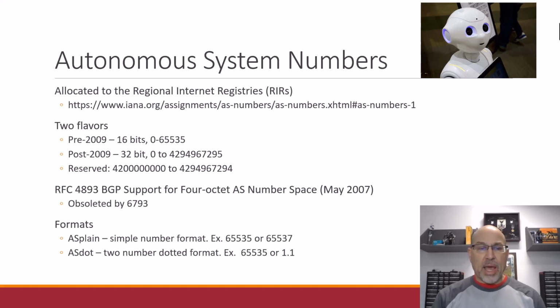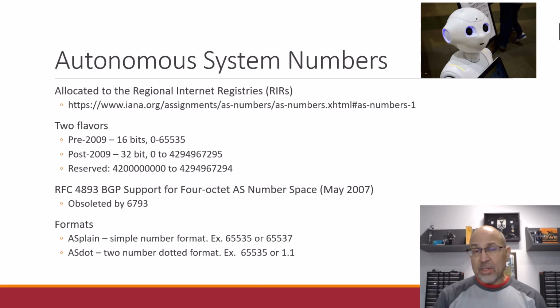The successor to 4893 is 6793, but there you go, the original discussion. This started the discussion in 2007, and then 2009 was when it was sort of implemented. Now, what you find out is that IOS versions and different kinds of devices don't always support 4-byte AS numbers. Sometimes they're just 2-byte. That's actually what we're going to run into today.